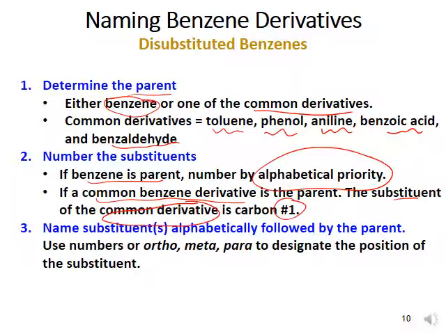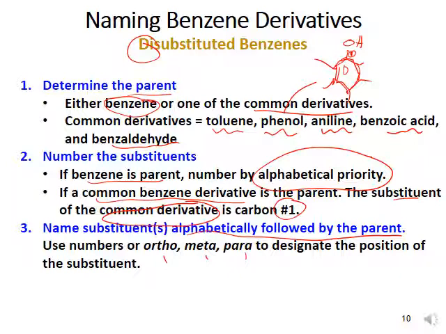So if you remember phenol, 1, 2, 3, 4, 5, 6 has an OH attached. So this is going to be carbon number 1, and then wherever the substituents are attached, we would do the numbering from there. And now if we're going to number alphabetically followed by the parent. And you can use ortho, meta, or para if it's a di-substituted.